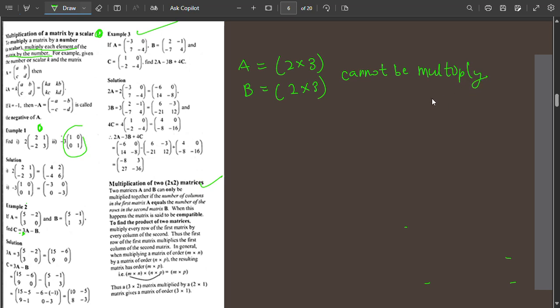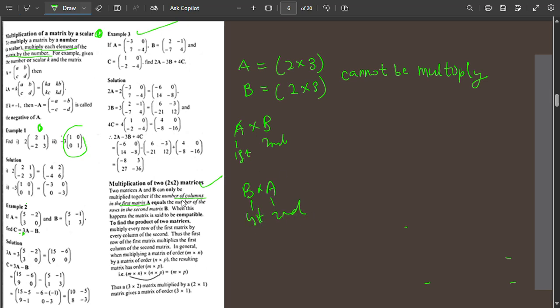Why is this so? Because according to the rules here, the number of columns in the first matrix, if you are multiplying A times B, this is the first, right? And this is the second. But if it's B times A, then this is the first, then this is the second.